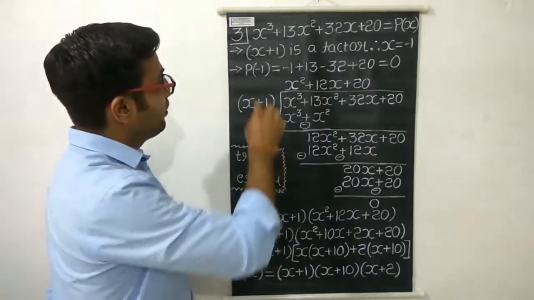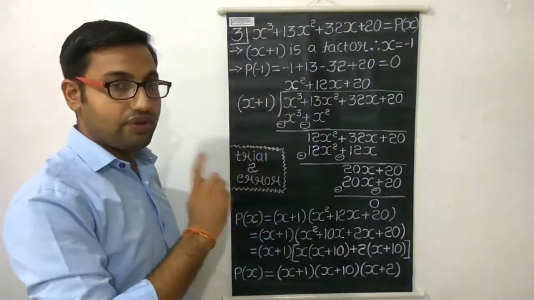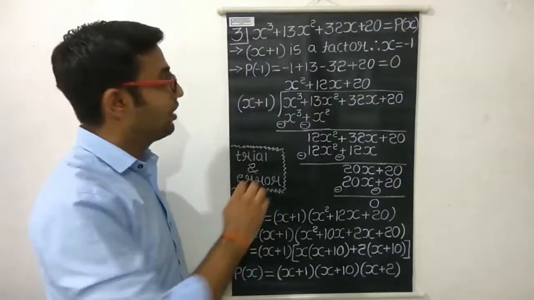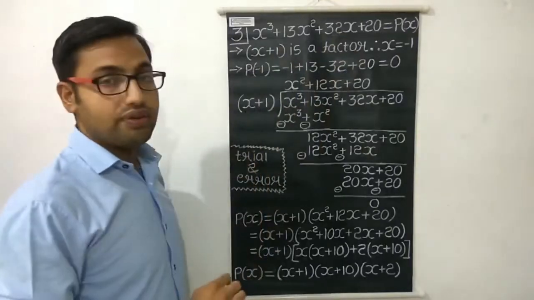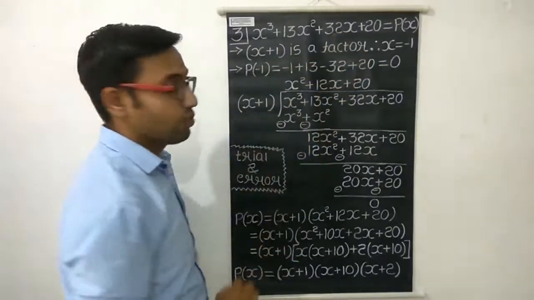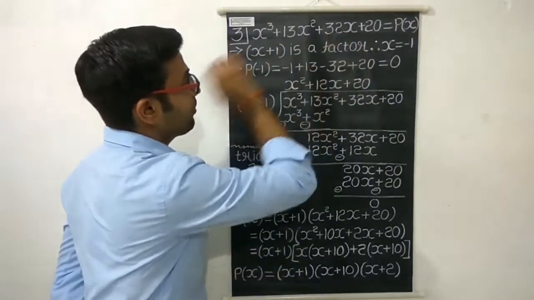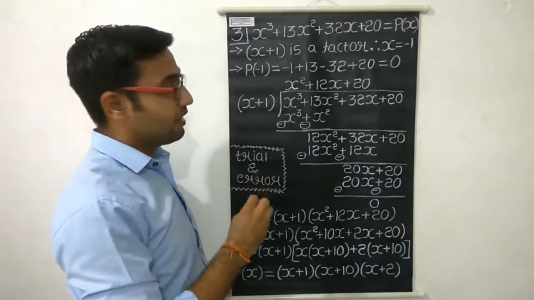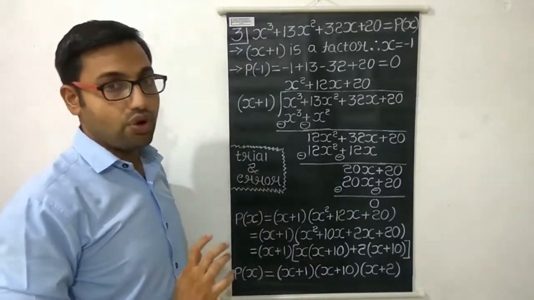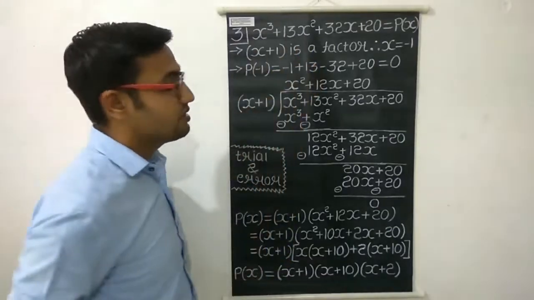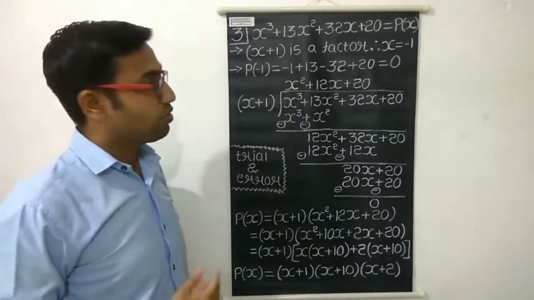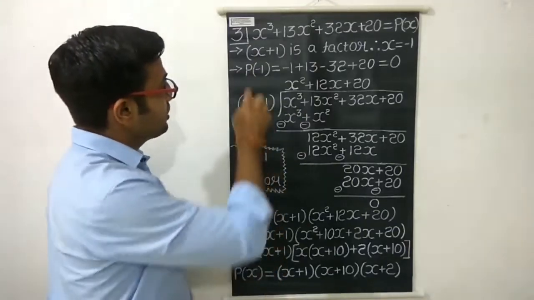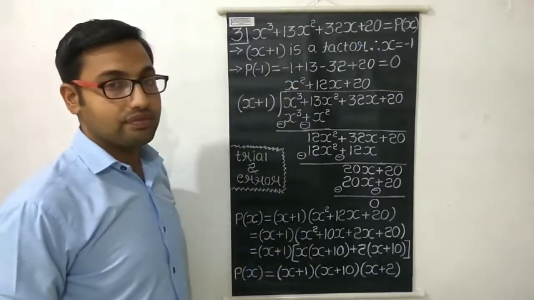But here, when we put the value of x equal to 1 in this polynomial, we cannot get this all as a 0, because all these terms are positive. So according to that, x minus 1 cannot be a zero of this polynomial. So now what we can do, let's suppose x plus 1 is a factor.